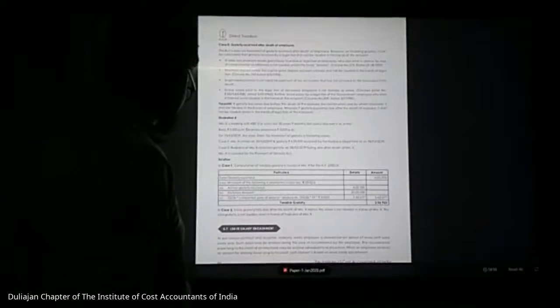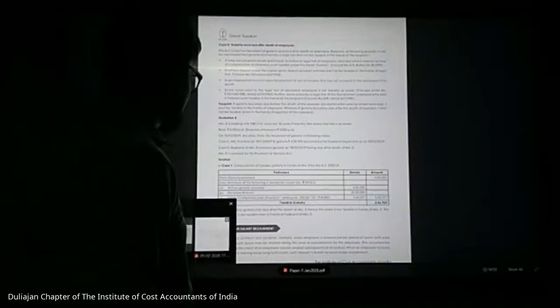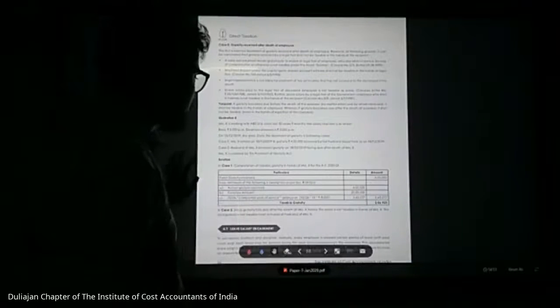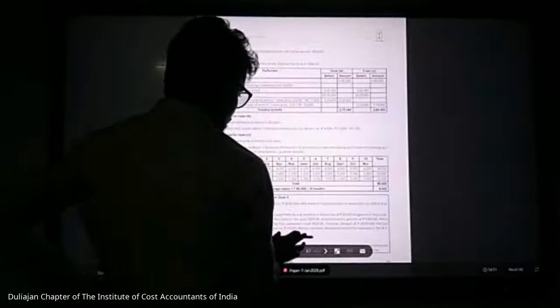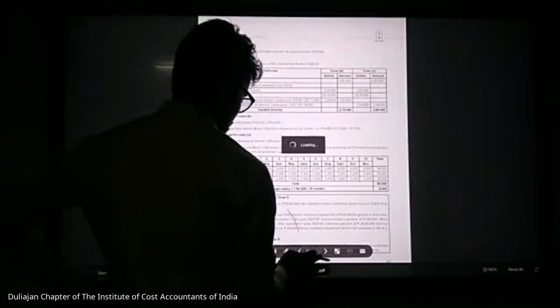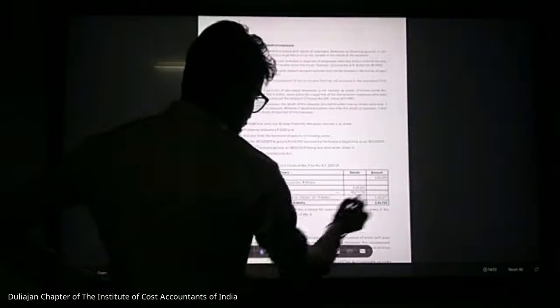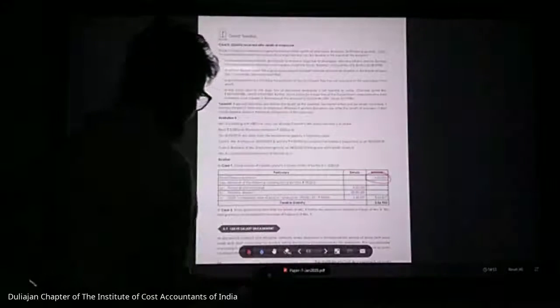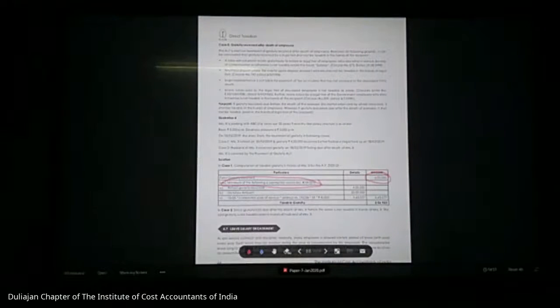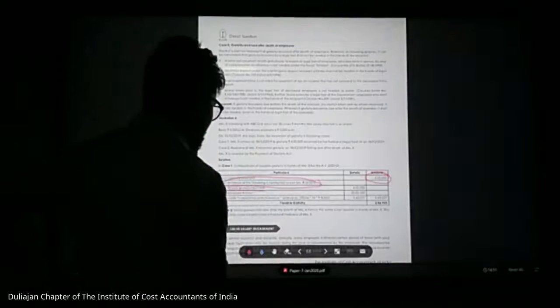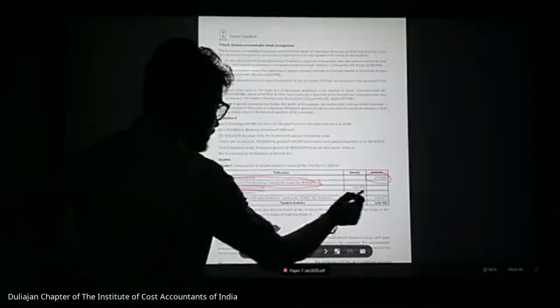Now see, very easy. First of all, we'll write the amount of gratuity received. Then we'll calculate the exemption under section 10(10)(ii). So there are 3 points. One is the actual amount received, which is 4 lakhs.